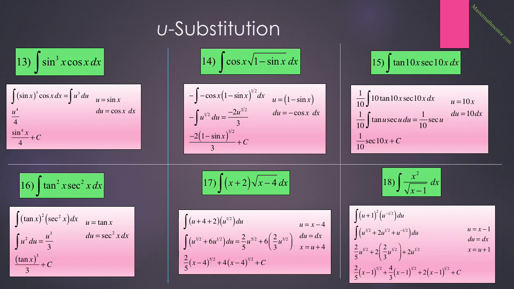And our final answer is 2/5 x minus 1 to the 5/2 power plus 4/3 x minus 1 to the 3/2 power plus 2 x minus 1 to the 1/2 power plus c. Again, you may want to take the derivative of this and show that you will come right back to x squared over the square root of x minus 1.